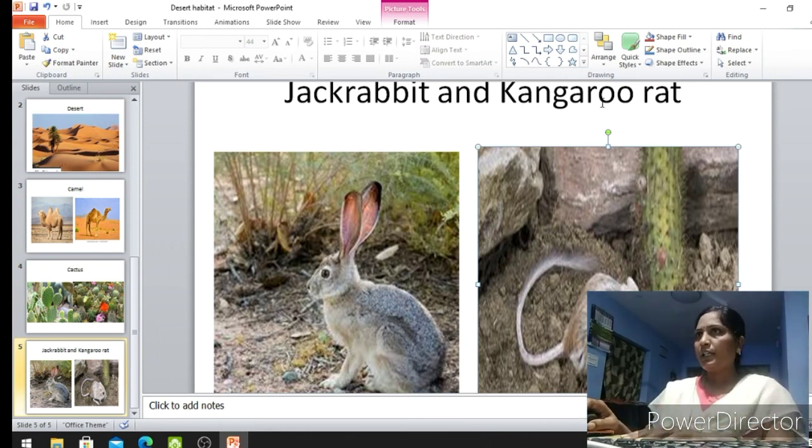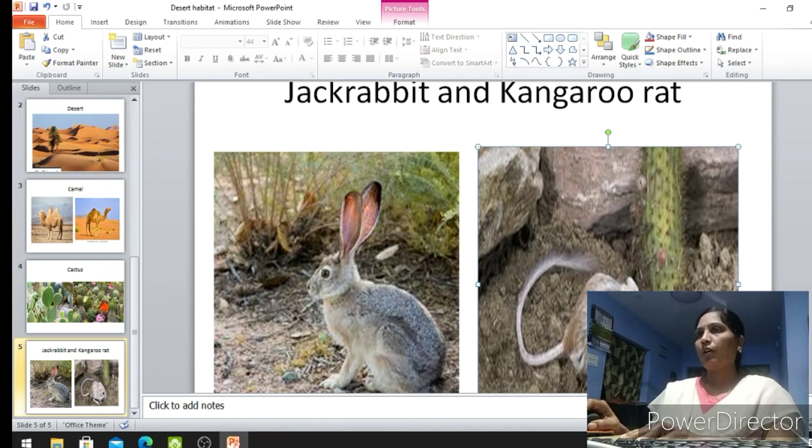And one more organism you can see here is the kangaroo rat. This kangaroo rat also lives in desert areas. How it adapts to the conditions in the desert is that it passes urine in solid form, not in liquid form.